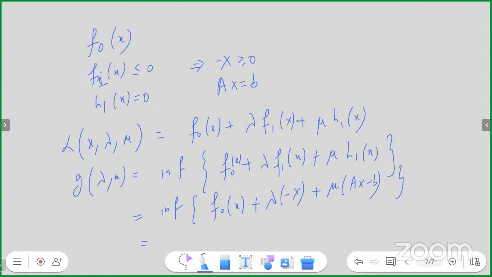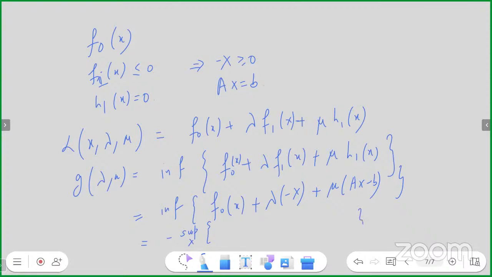So we have f0 star of lambda plus mu. So let's first put a minus, a supremum over x. What else? Lambda minus mu times x. So mu times b is outside.